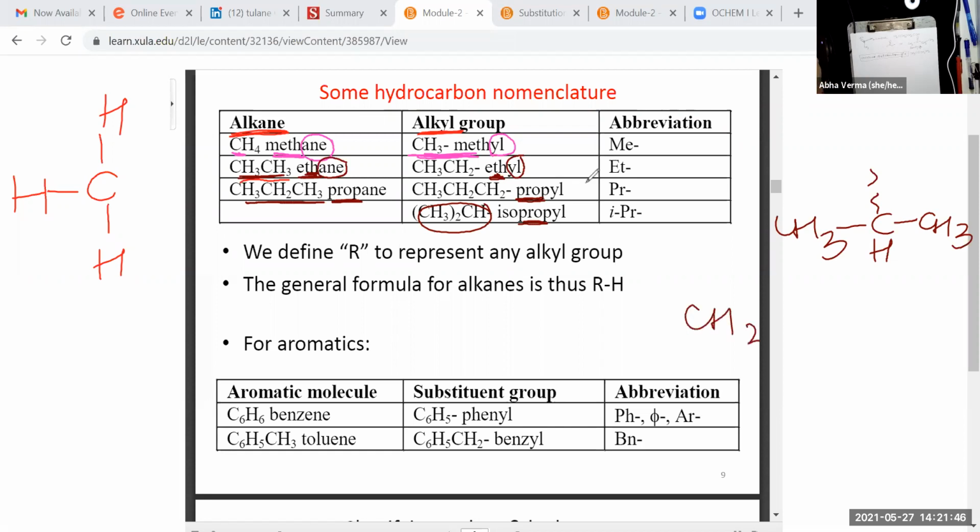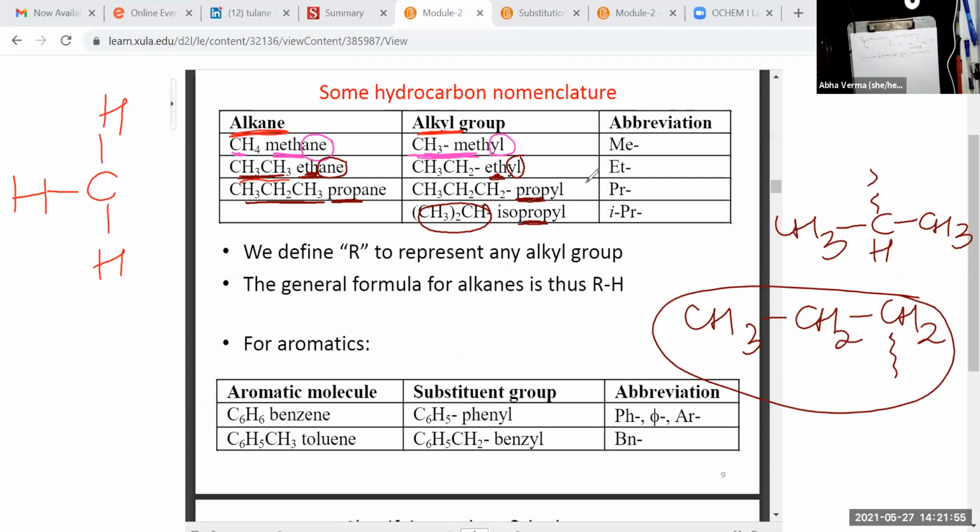Hydrogen could have been missing from this end also. This is the propyl. This is the isopropyl. So from where the hydrogen is missing gives us the indication.